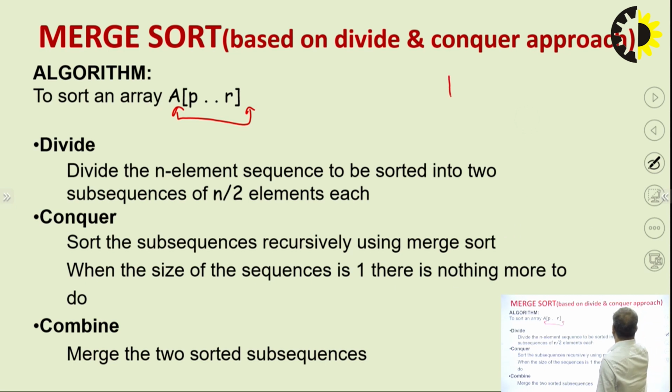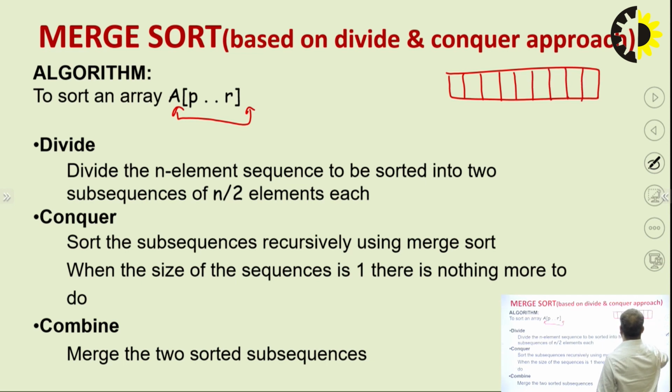P is any position. Suppose this is the array. In C we start from 0, 1, 2, 3, 4, right? Like this. So P can be anywhere. Suppose P could be 2, P could be say 5, and R is the last. P could be 0 and like this. Okay.